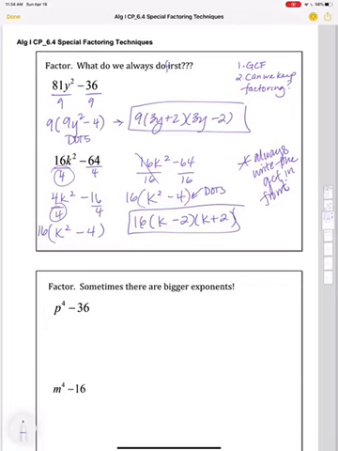All right. Now, sometimes, so we've talked about the difference of two squares. We've talked about factoring when you have a GCF. And we've talked about just factoring when you've got something other than a coefficient of 1. But sometimes you have bigger exponents. Sometimes it's not just about the coefficients being switched up, but the exponents as well.